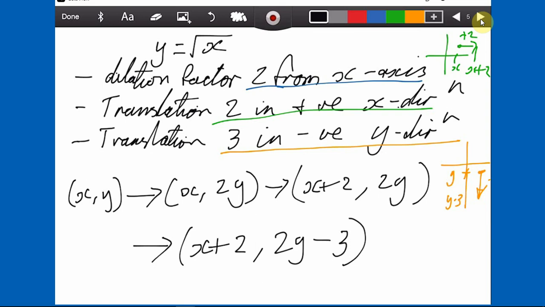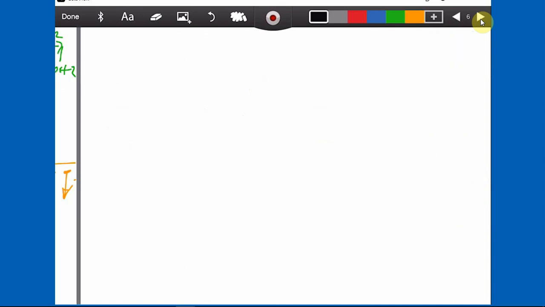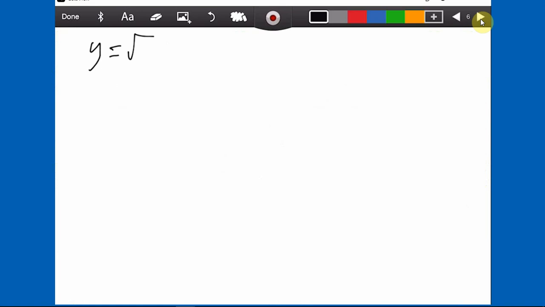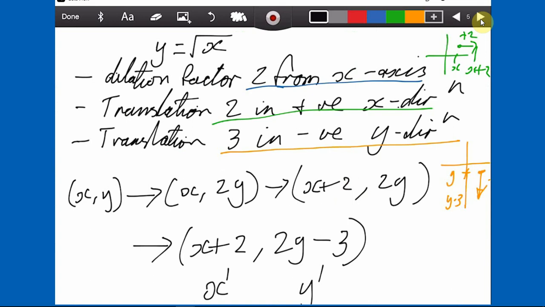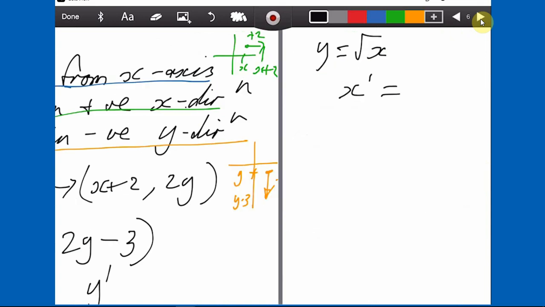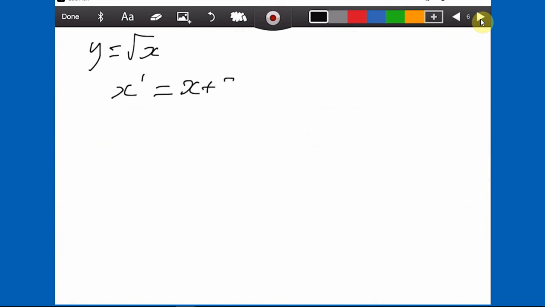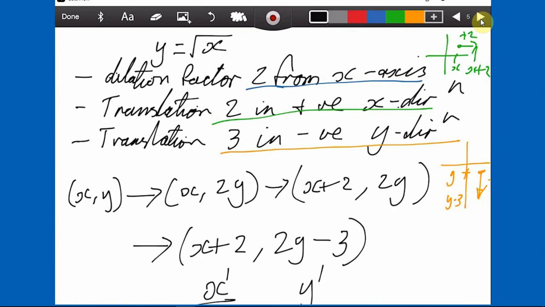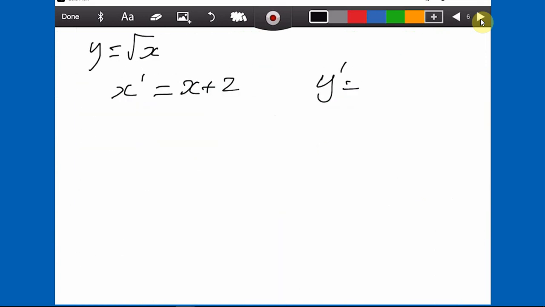So here's our image, x dashed, y dashed. In our y equals root x, x dashed is equal to x plus 2, and y dashed is equal to 2y minus 3.